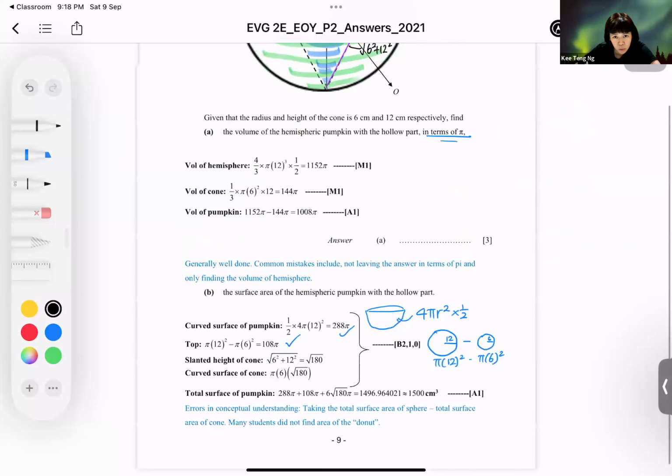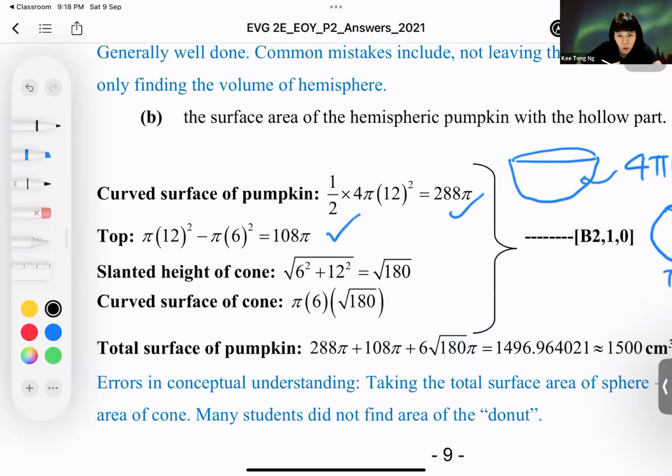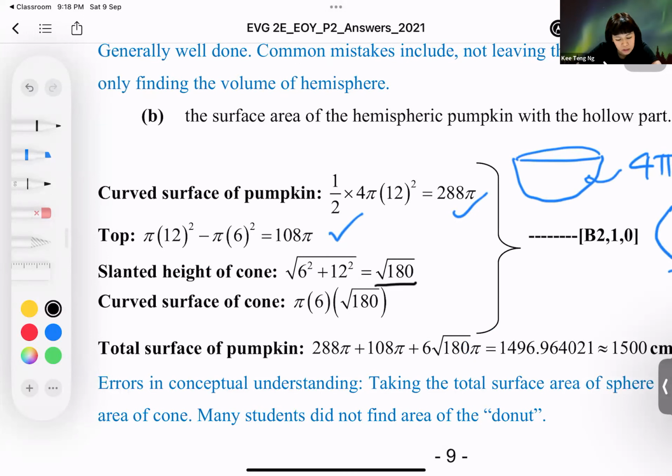Then, after I know that, pi r l, you notice the teacher used square root of 180 to find the accurate answer. But of course, you can also use 5 significant figures. So the curved surface area of the cone is pi r l. Then add all 3 parts together and round off the answer.